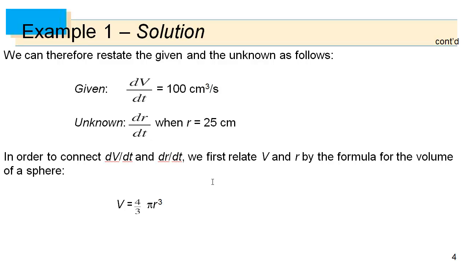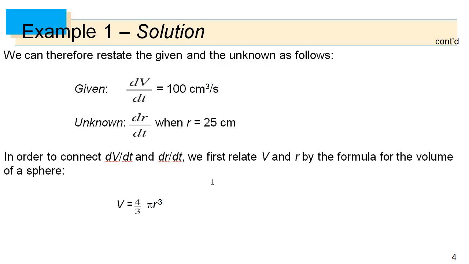And so we're given dV/dt, we want to find dr/dt, and now what we need to do is connect those two pieces. We need to somehow connect the dV/dt to the dr/dt, and really that requires coming up with an equation that relates V and r, and then we'll take the derivative, and thus we'll get dV's and dr's.